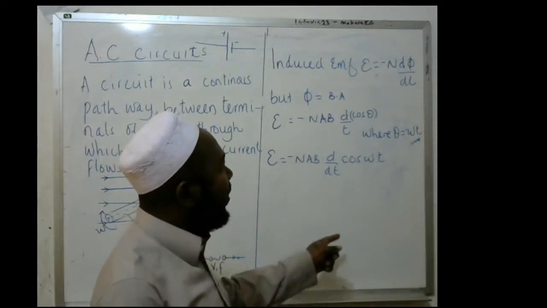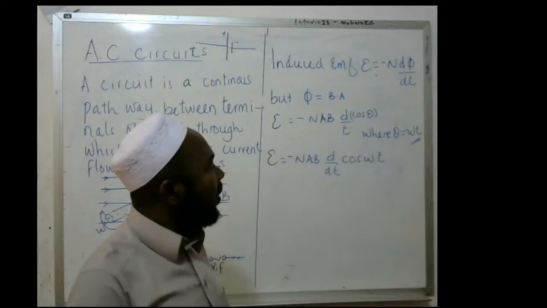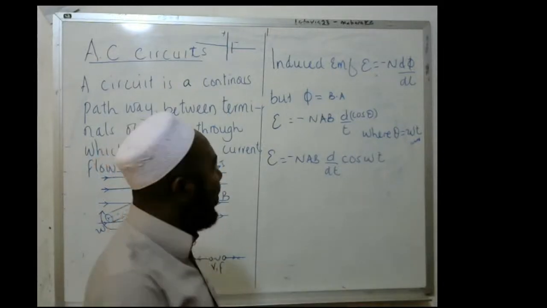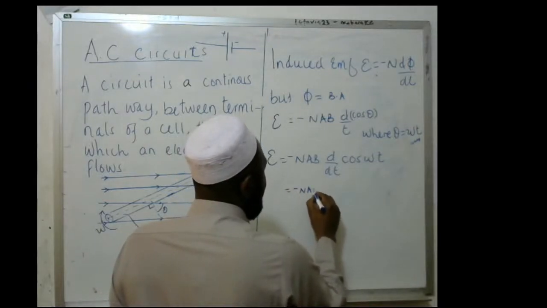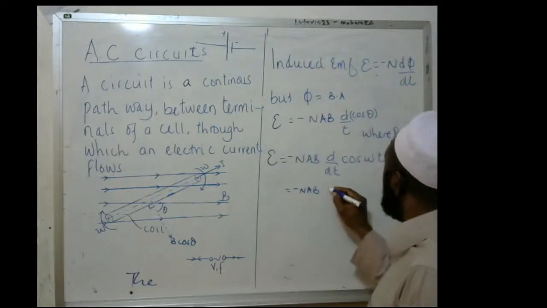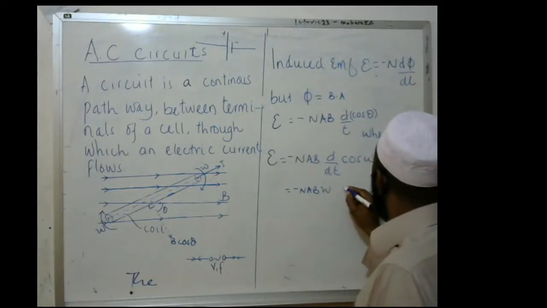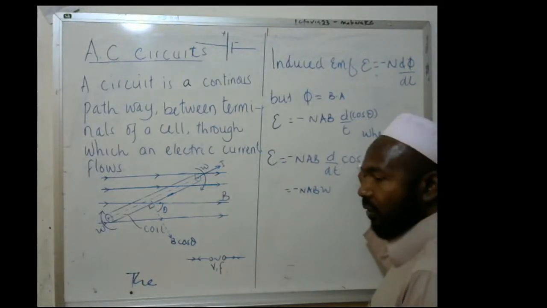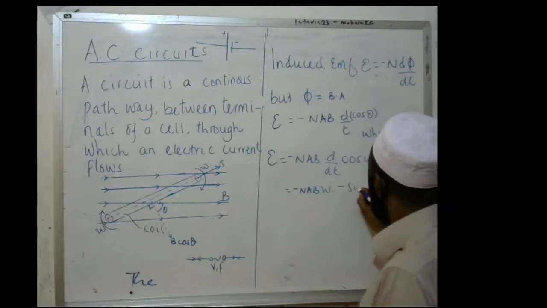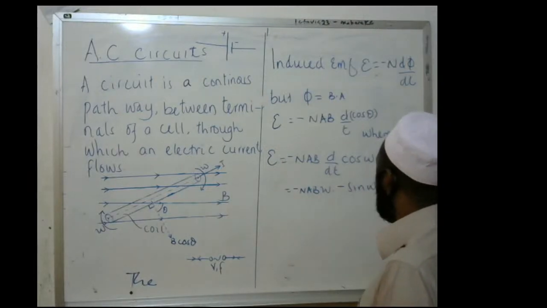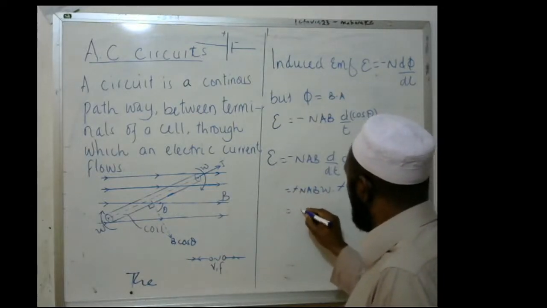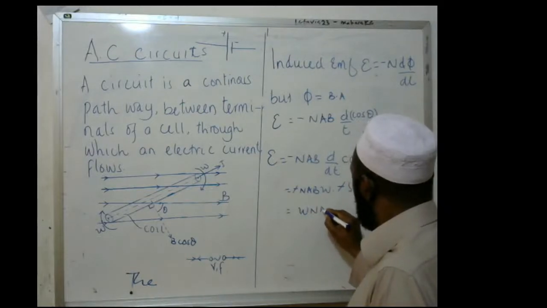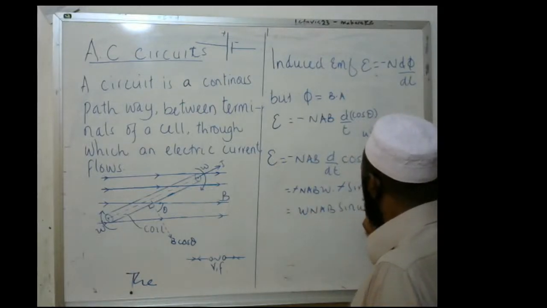So we differentiate with respect to wt. Now we first differentiate the angle. When you differentiate cos of wt, we'll be getting minus NAB w, and then we differentiate the ratio, which is now going to be minus sine wt. So this negative cancels with that, and we remain with w NAB sine wt.